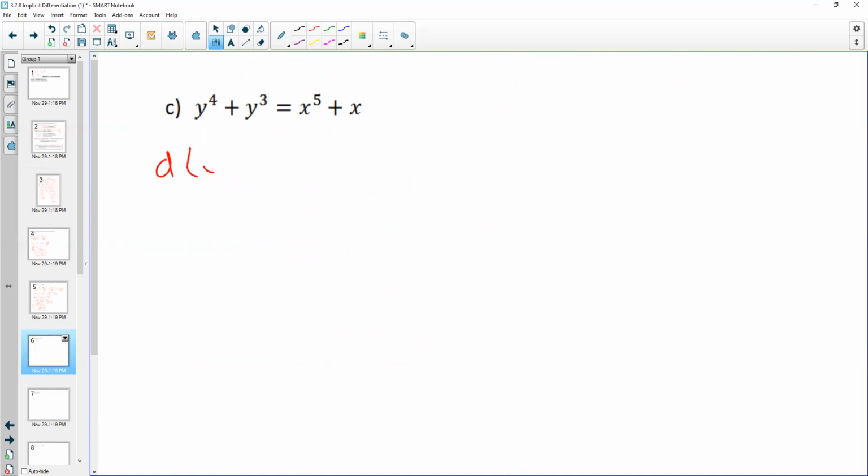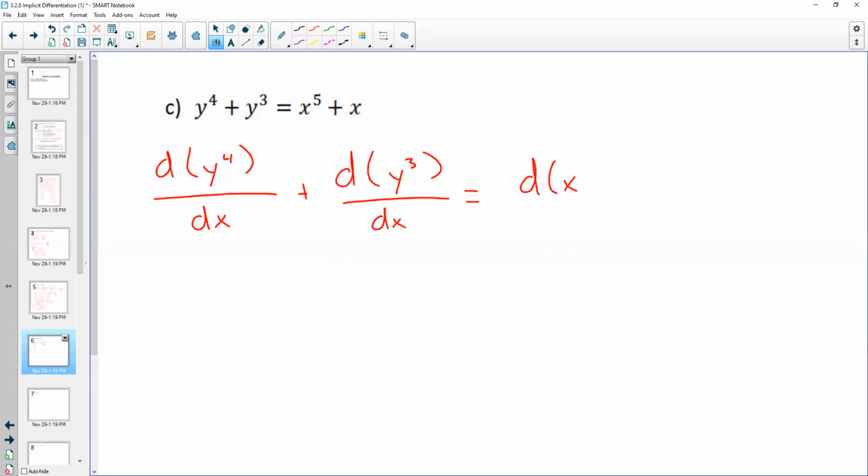Derivative of y to the 4 plus y cubed with respect to x is equal to the derivative of x to the 5 plus x.